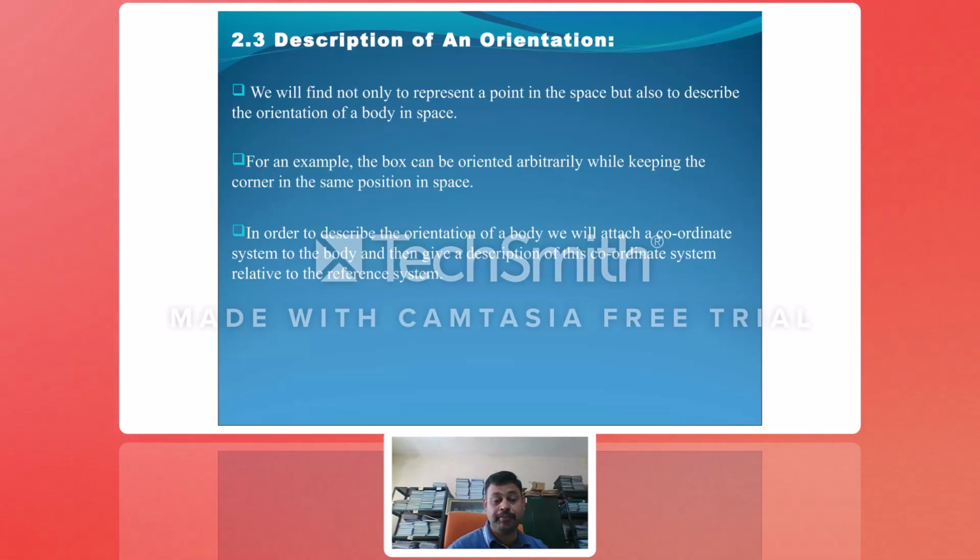Position and orientation are both very important to control the system. For example, a box can be oriented arbitrarily while keeping its corner in the same position in space. In order to describe the orientation of the body, we attach a coordinate system to the body, then give a description of this coordinate system relative to the reference system.